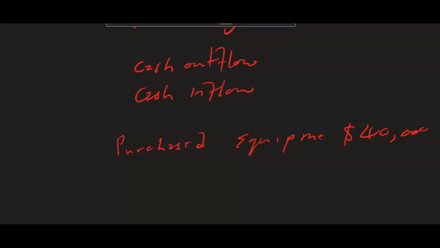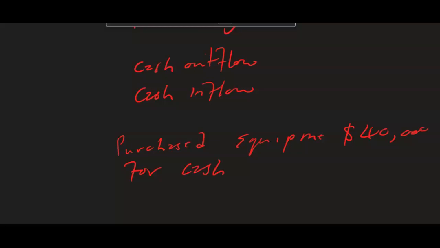You have purchased equipment for $40,000. Okay, for cash. Let me emphasize, because you can purchase for a bond or for shares. Now you have purchased an equipment for cash costing 40,000.